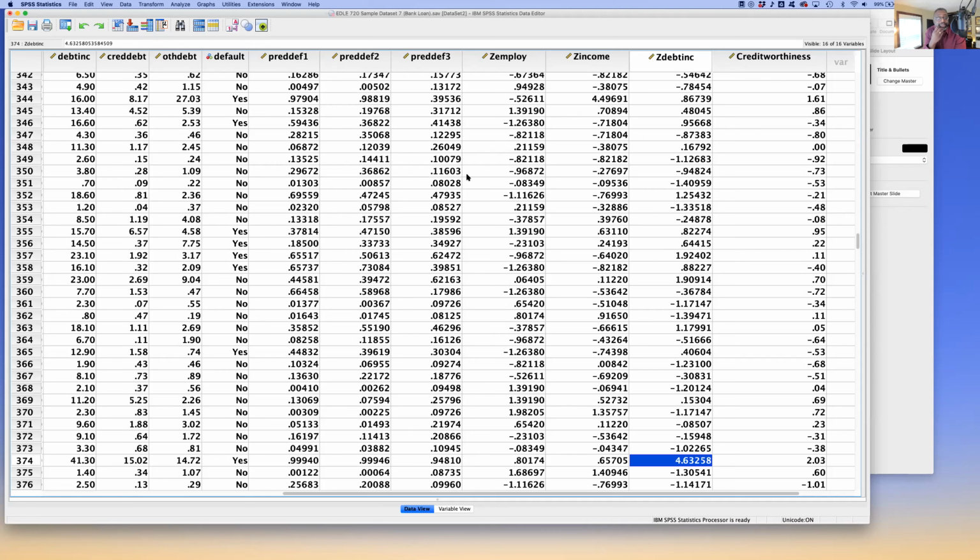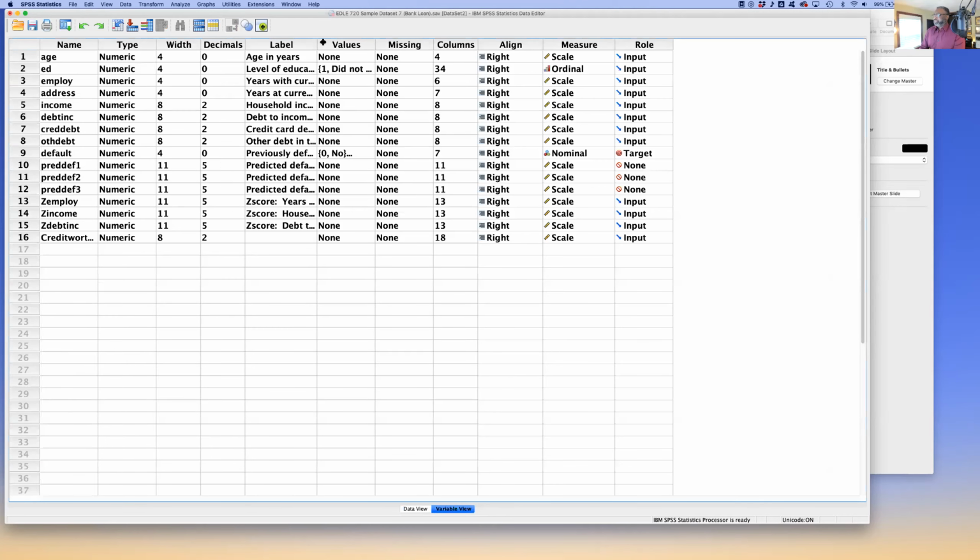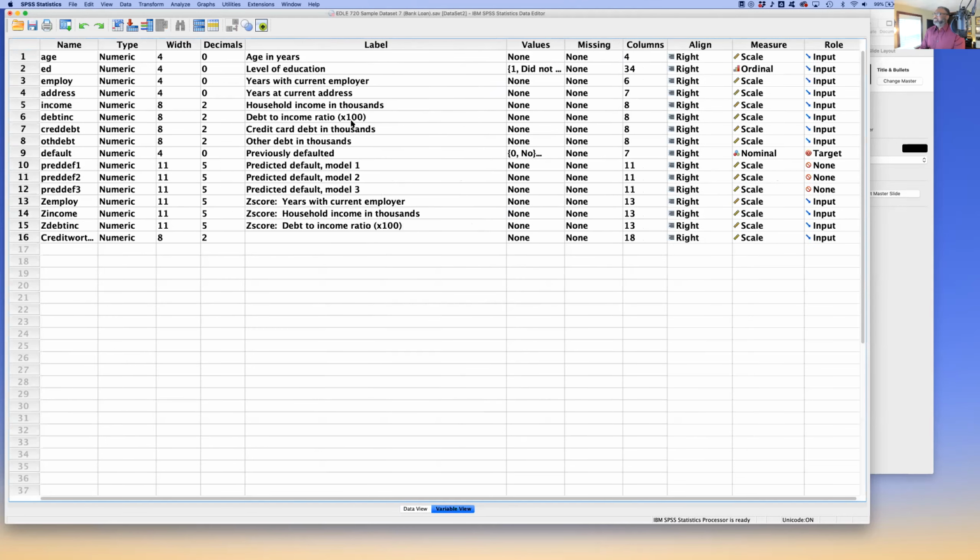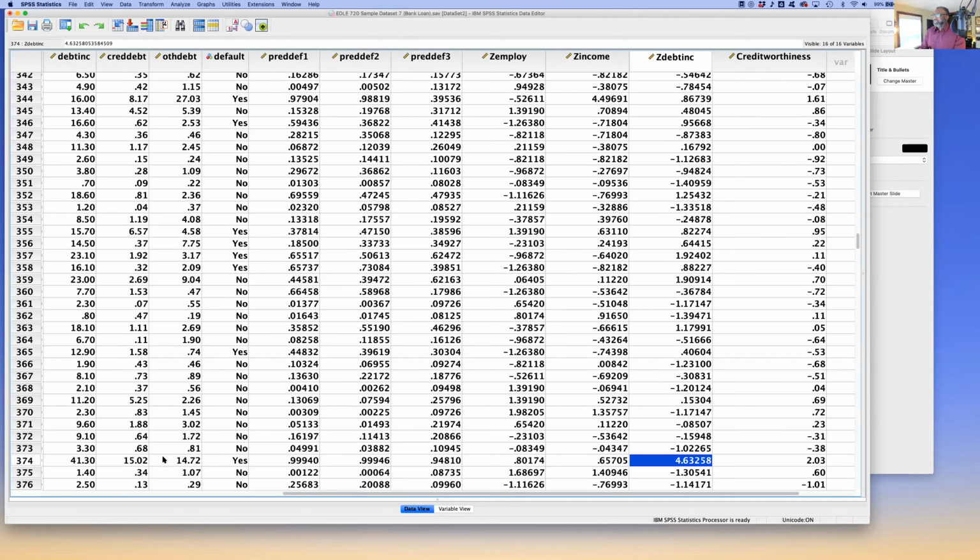Yeah, you're absolutely right. Full disclosure, I could be looking at this wrong. 41.3 may be great in terms of debt to income ratio. I don't think so. I'm thinking that 40 is in hundreds or something. Let's go to variable view here. Debt to income. Yeah, it was times 100, so you add two zeros to it.